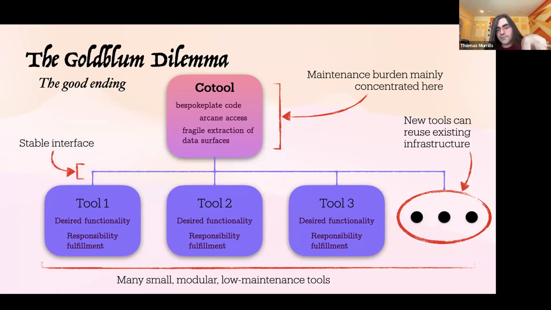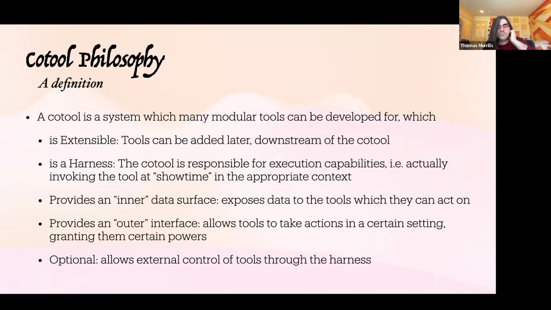And because it's extensible, you get many small, modular, low maintenance tools. This does, of course, depend on setting up that interface correctly, such that the tools don't have to do much extra work. So let's recap. Okay, a definition. A cotool is a system which many modular tools can be developed for. So it's extensible, tools can be added later downstream of the cotool.